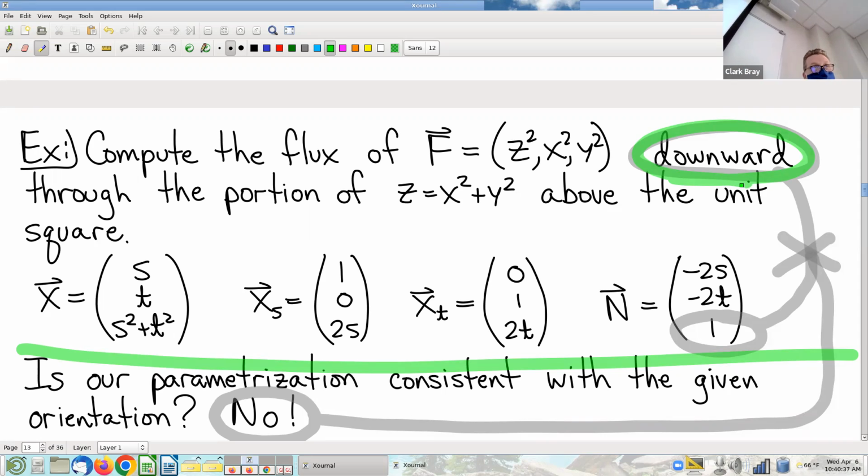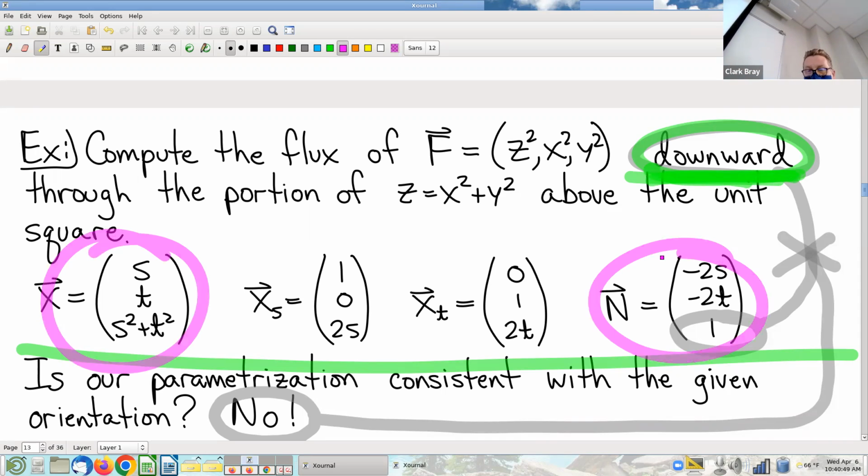It doesn't mean that it's oriented straight down. Well, of course not. It's got to be perpendicular to the surface, but at least it's somewhat downward. And you can see from this parameterization, my normal vector is not. My normal vector is clearly pointed somewhat upward. That is incompatible with the given downward.